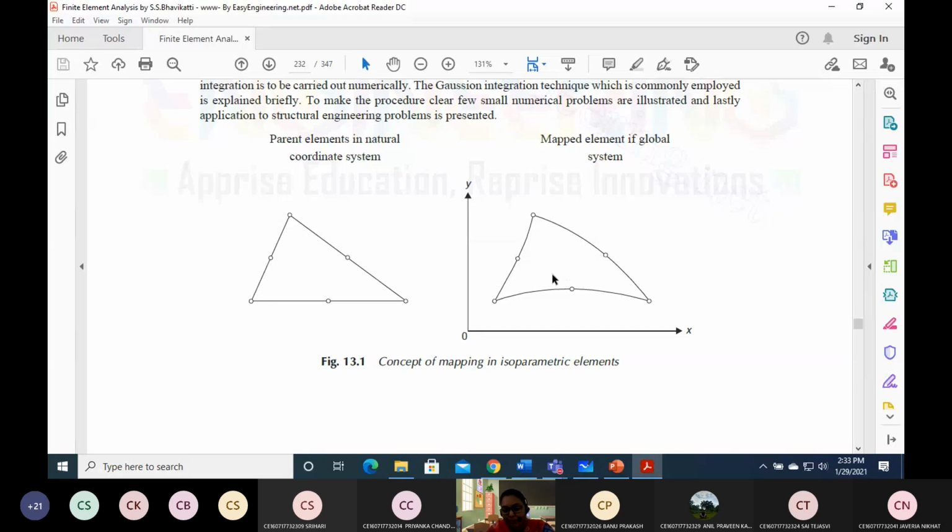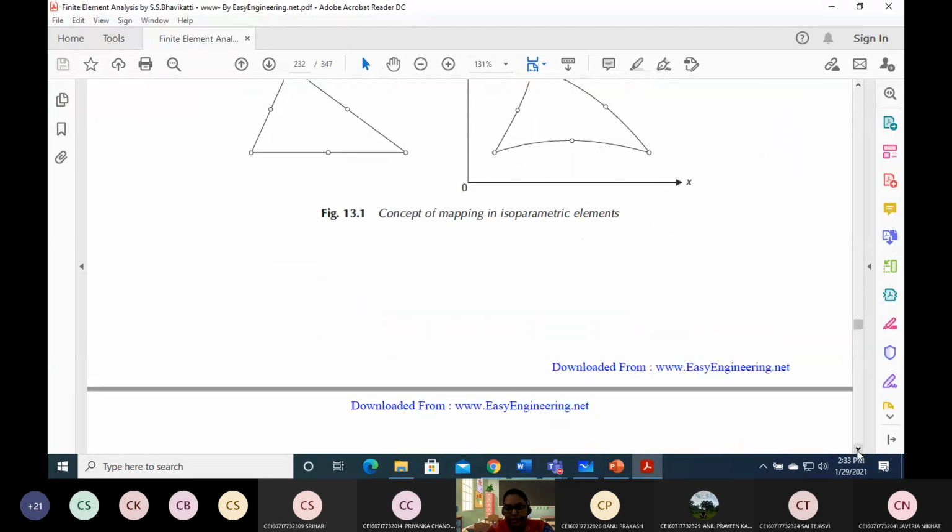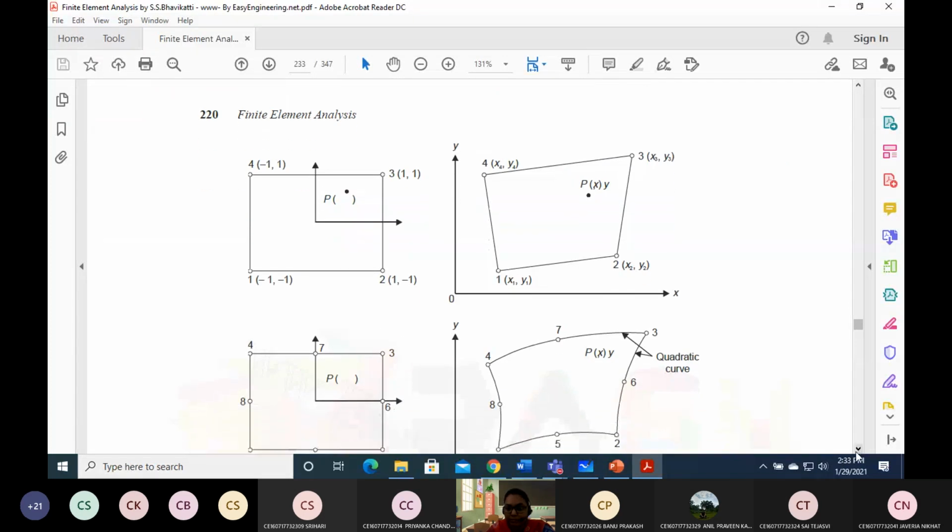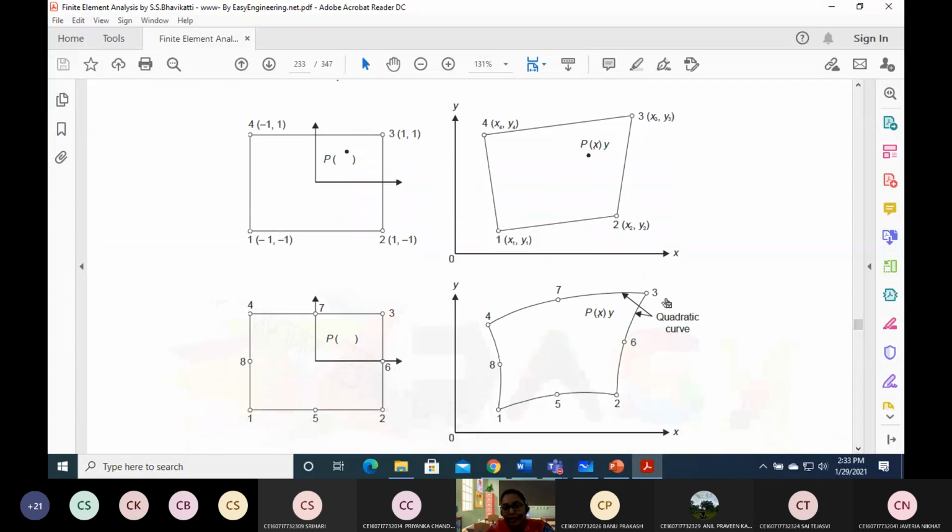If you see many other types of isoparametric elements, a rectangle to a quadrilateral is also like that. It need not be the curved ones only. This is the parent element, a 4-noded rectangular element on the left, and the mapped arbitrary shape on your right is a quadrilateral, not curved yet.